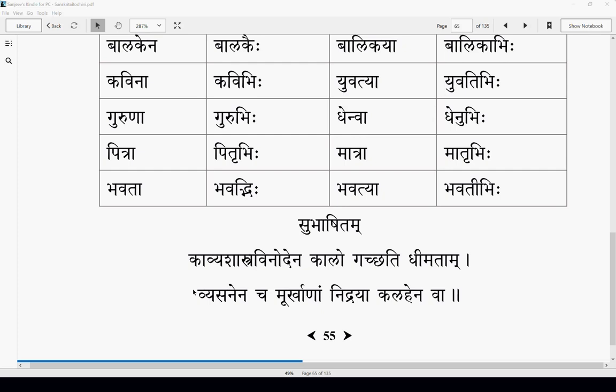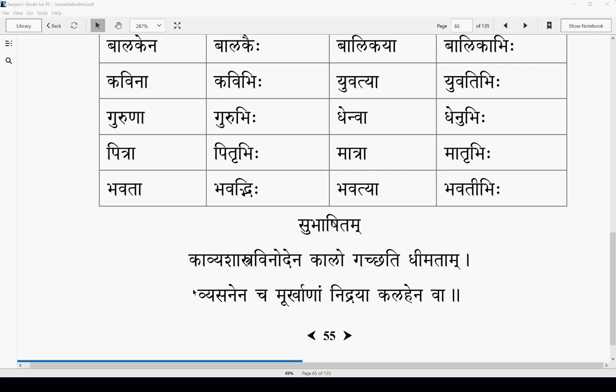Now, Uma and others, they put it in English. It's purport. But what is the English literal translation? So here they said, wise people spend time by discussing poetry and science.